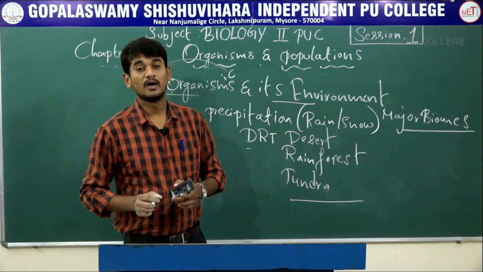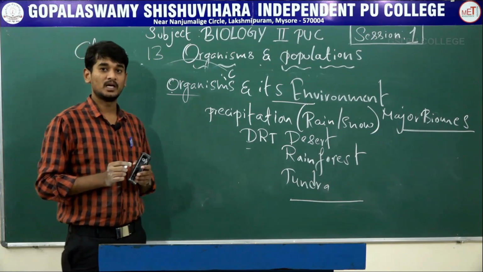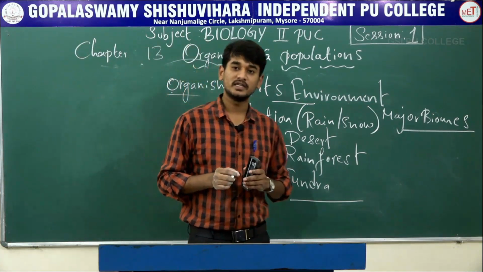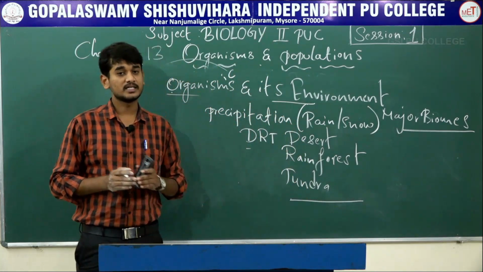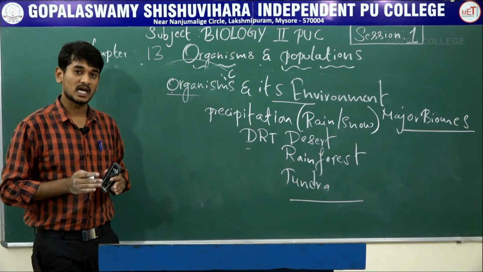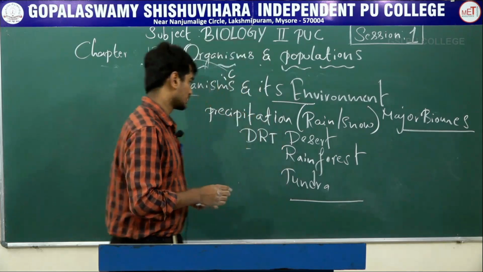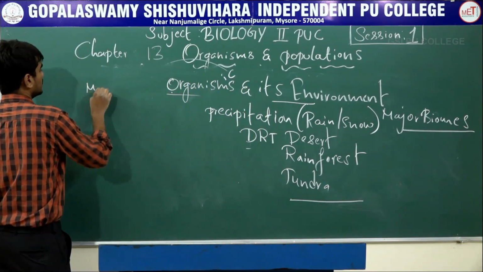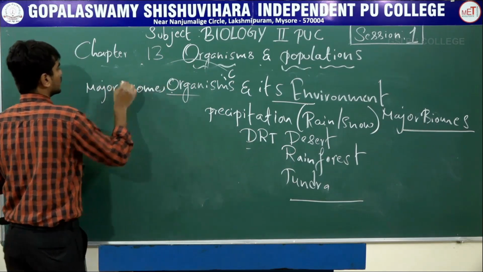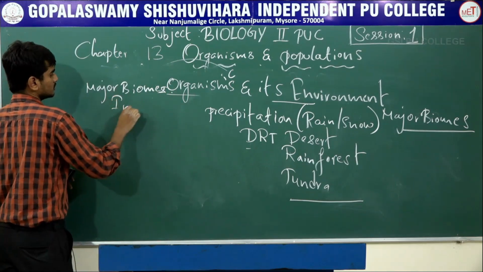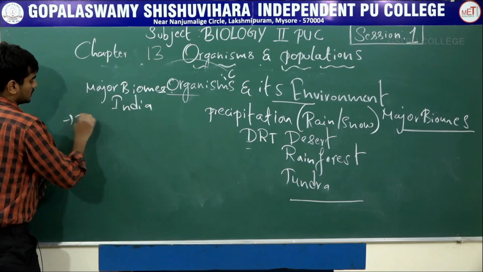Okay. Regional and local variation within each biome leads to the formation of widely different habitats. So in India, we can observe 4 major biomes. Number 1, desert.